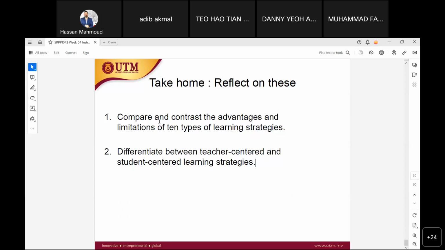One more time for those who were not here at the beginning of the class: next week, we're going to have our exam. The exam will include everything we have covered so far: the introduction, instructional media, instructional design, learning theories, computational thinking, learning strategies, and methods.